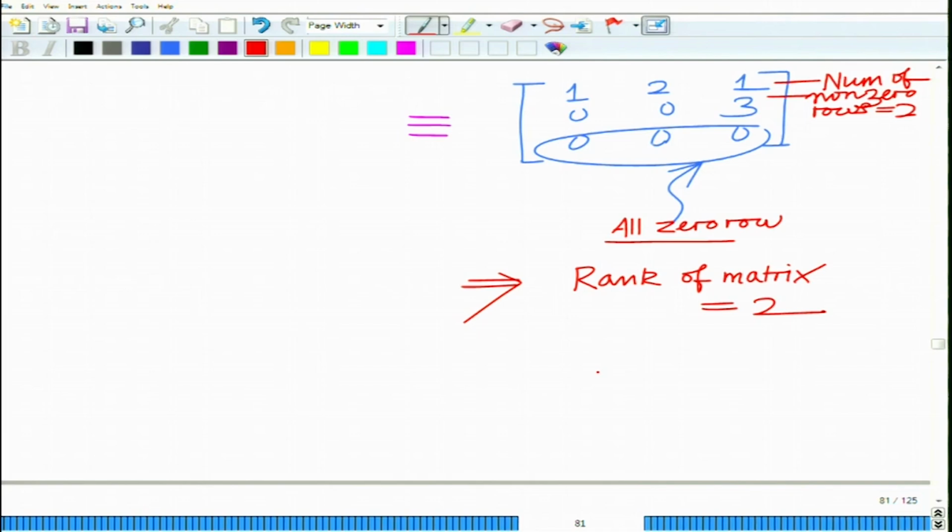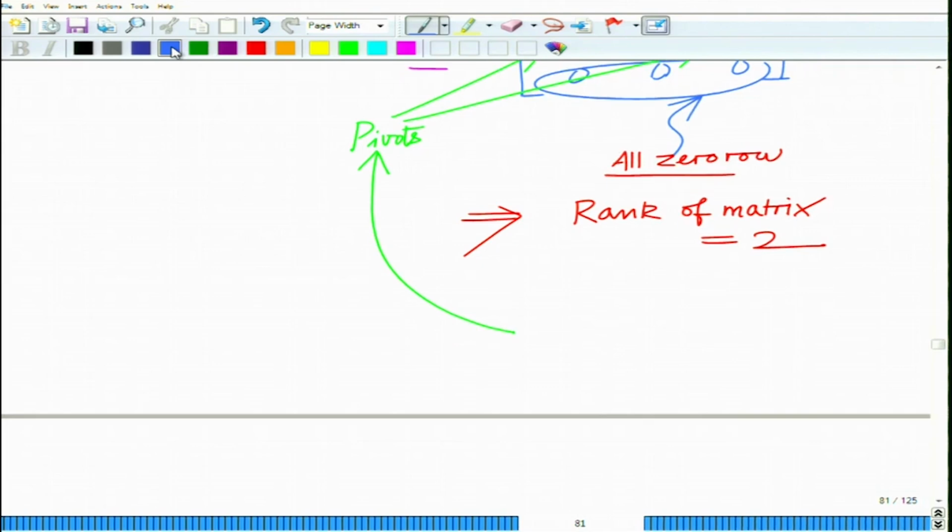Okay. And in this case, you can clearly see the pivots that we have used, these are the pivots 1 and 3. And note this interesting property of the pivots, that each pivot lies to the right of the pivot in the row above.